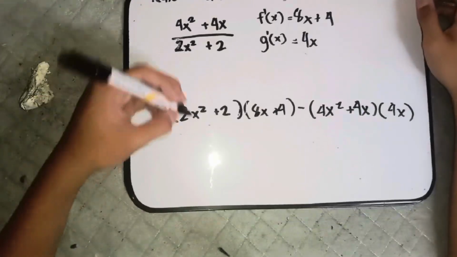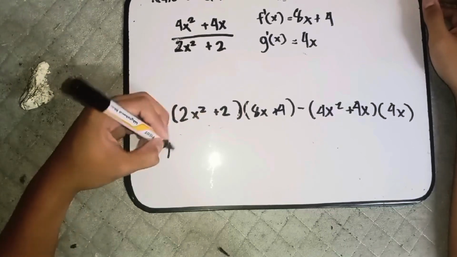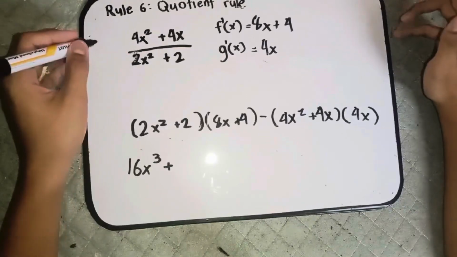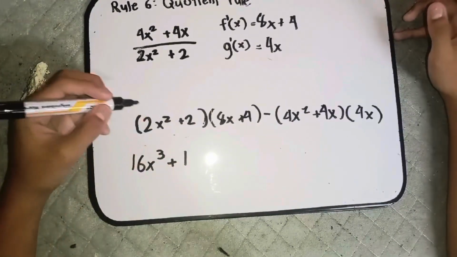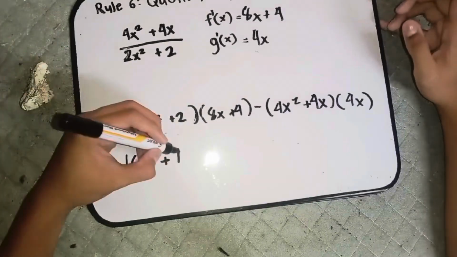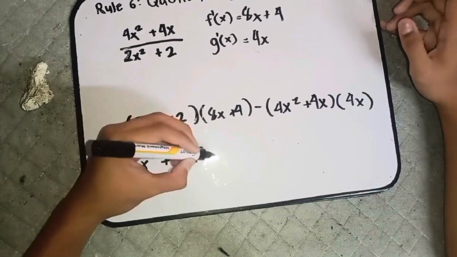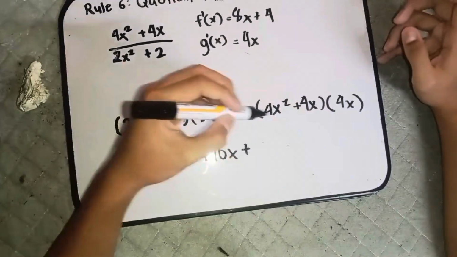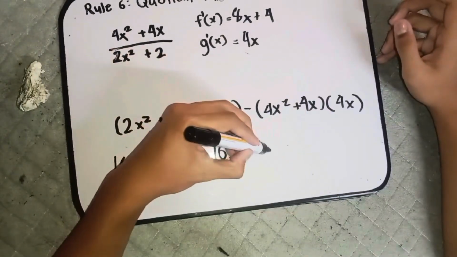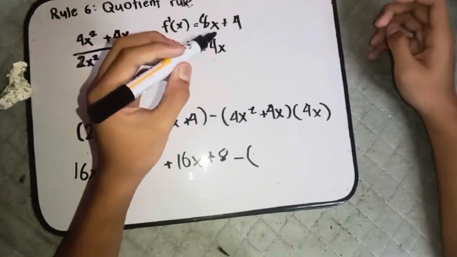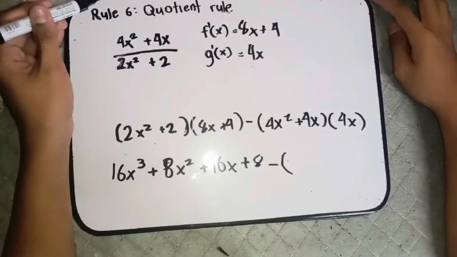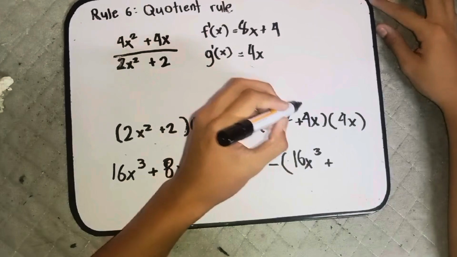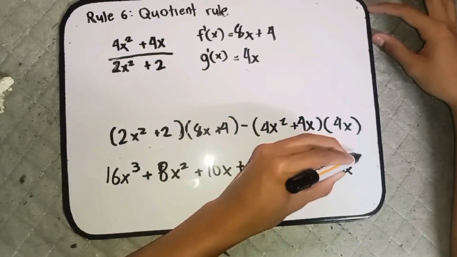Now, let's distribute them. 2x squared times 8x is equal to 16x raised to 3, plus 2x squared times 4 is equal to 8x squared, plus 2 times 8x is equal to 16x, plus 2 times 4 is equal to 8, minus 4x squared times 4x is equal to 16x raised to 3, plus 4x times 4x is equal to 16x raised to 2.